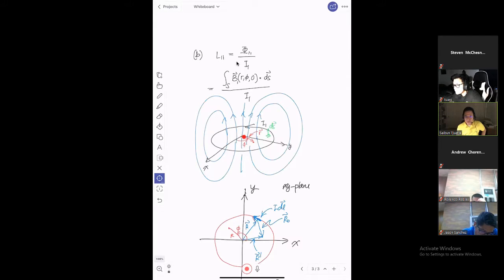Usually it's smaller than that, so you can have some kind of ratio or factor, but that's not critical. I'm just looking for, do you know this? If you assume a constant value throughout, then it's simply this times the area. So the self-inductance is simply B times the area divided by I1. Does that answer your question?